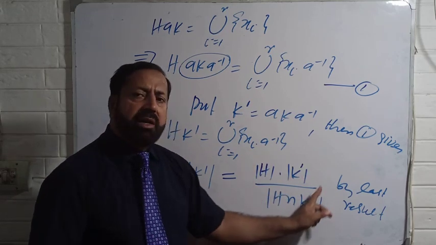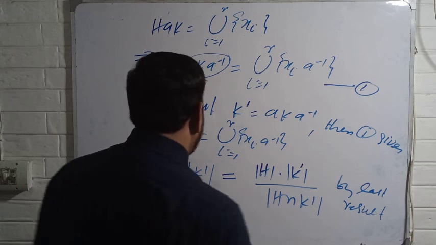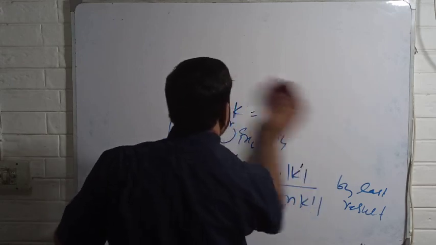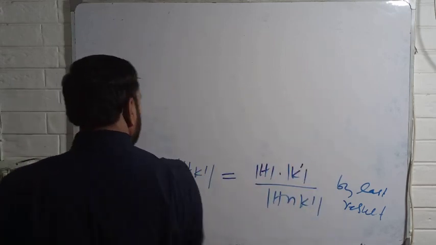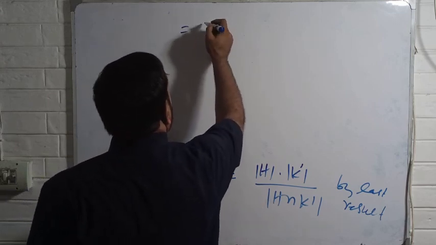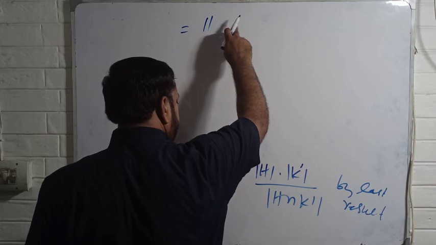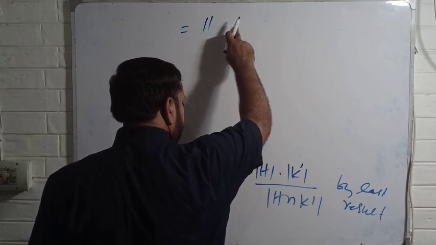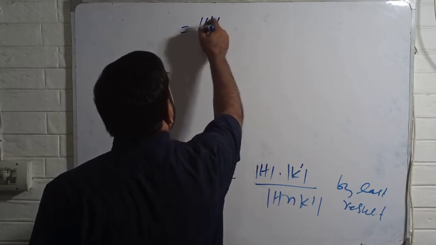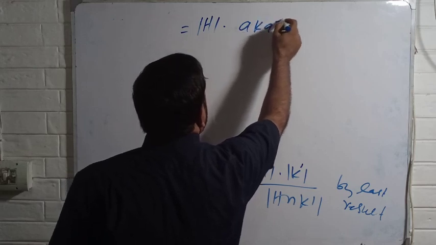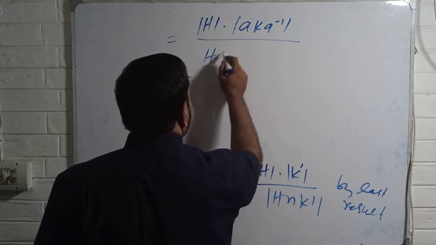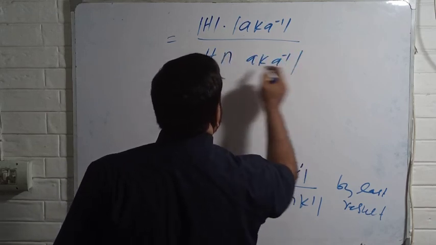Now back substitute the values in this equation. Putting the values here, which is equal to order of H, order of AKA inverse, over order of H intersection AKA inverse.